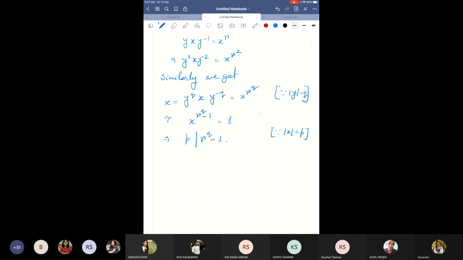That means r to the power q is congruent to 1 mod p. Therefore, G is isomorphic with the group generated by two elements x and y, such that the order of x is equal to p, the order of y is equal to q, and yxy inverse is equal to x to the power r, where r to the power q is congruent to 1 mod p.